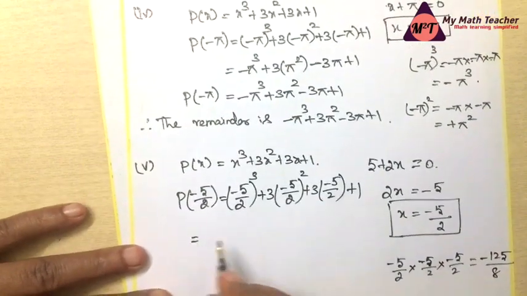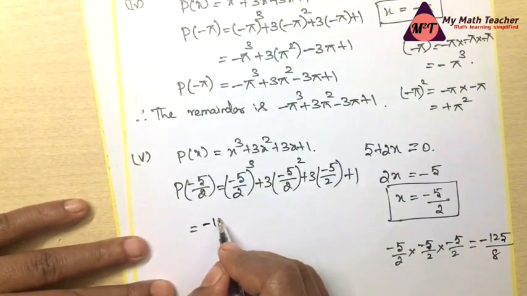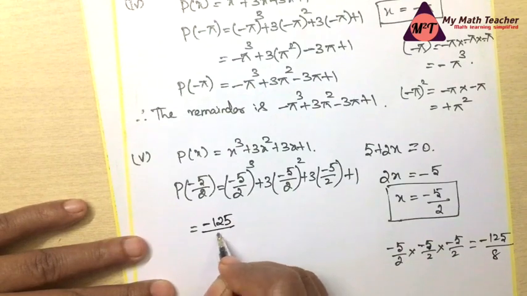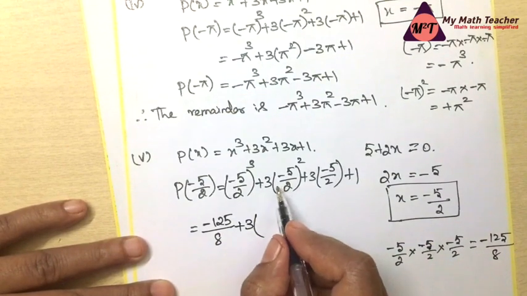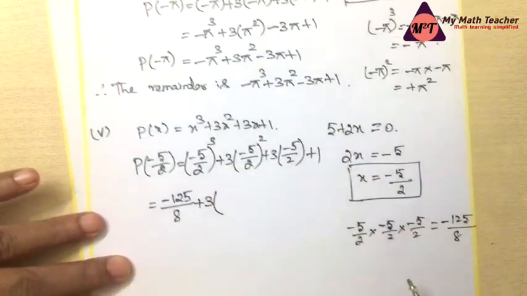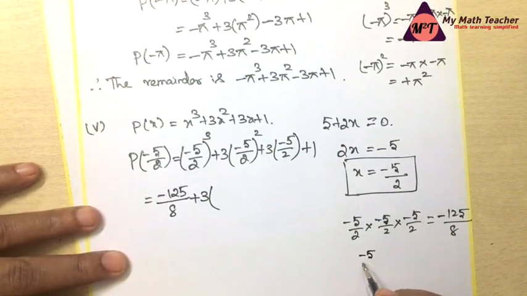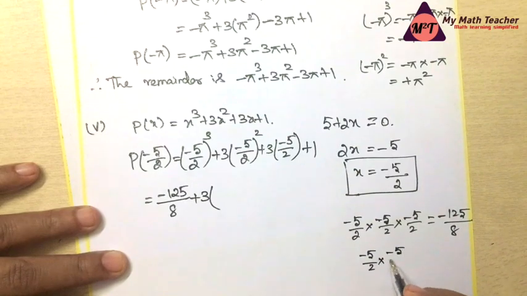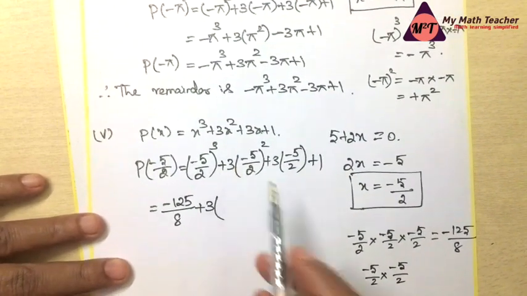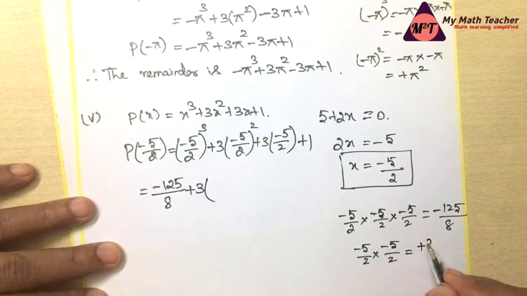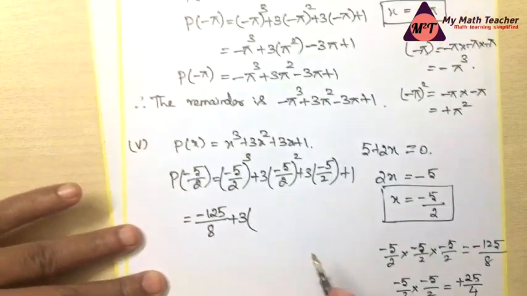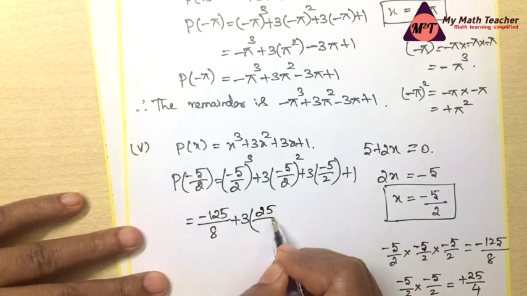So when you expand, this is the answer, minus 125 divided by 8 plus 3 into, now expand minus 5 by 2 the whole square, minus 5 by 2 into minus 5 by 2, because we have to multiply only twice. So what will be the answer? Minus into minus is plus. 5 5s are 25 by 4. Okay, 25 by 4.